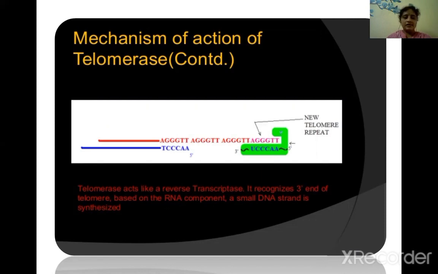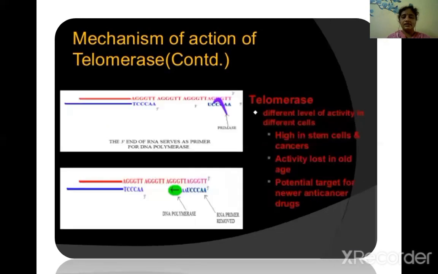It recognizes the 3' end of the telomere based on the RNA component. A small DNA strand is synthesized in this mechanism. Telomerase has different levels of activity in different cells, which are shown here. It is high in stem cells and cancer cells, and activity is lost in old age during senescence, making it a potential target for newer anti-cancer drugs.